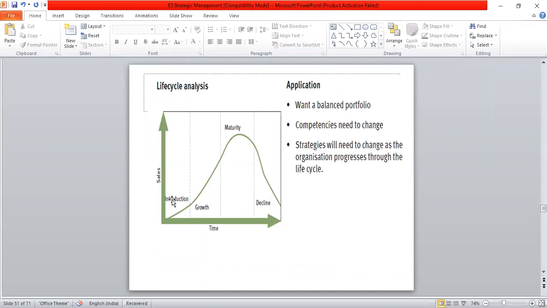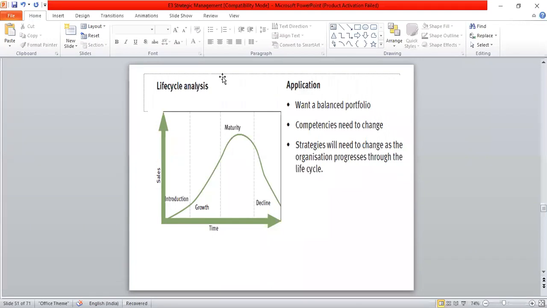So acceptance chances are not known. Once it crosses the introduction level, it goes into the growth phase where new competitors, new entrants come into the picture. In that case also the risk would be high because they are not sure of their market share.